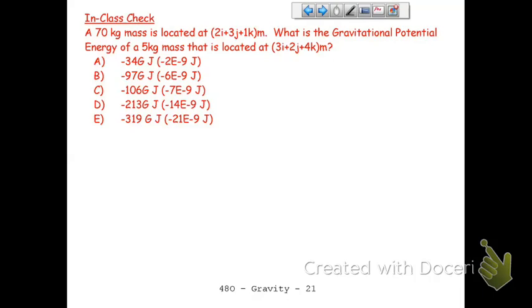What is the gravitational potential energy of a 5 kilogram mass that is located at 2i plus 3j plus 1k meters, when a 70 kilogram mass is located at 3i plus 2j plus 4k meters?